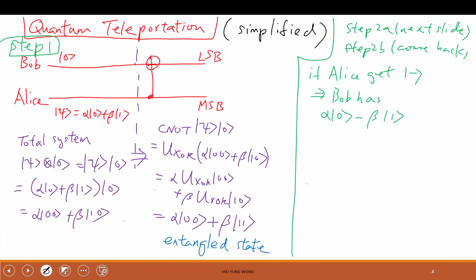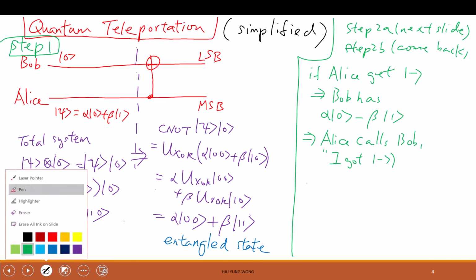Almost there. You almost successfully quantum teleported your state, right? But no problem. Alex again is going to call Bob and say, I got minus.